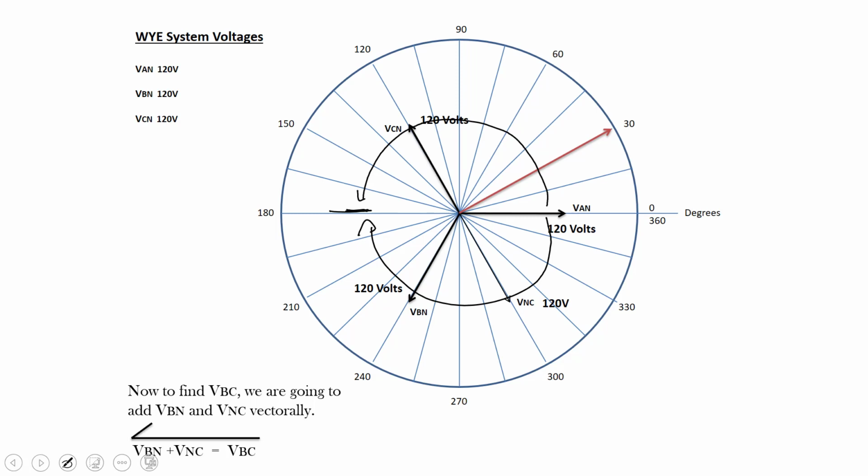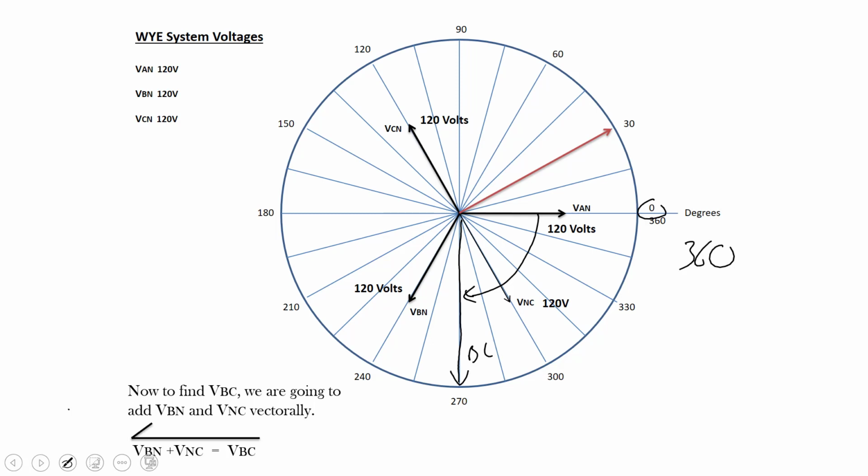So when it says negative, I have to start from my reference and go back 90 degrees, and that's where I'd have to plot voltage VBC. So if you see a negative, start from your reference and go backwards 90 degrees. If you wanted to figure it out on the calculator, 360 minus 90 is 270 degrees. That's where I'd have to put voltage BC.